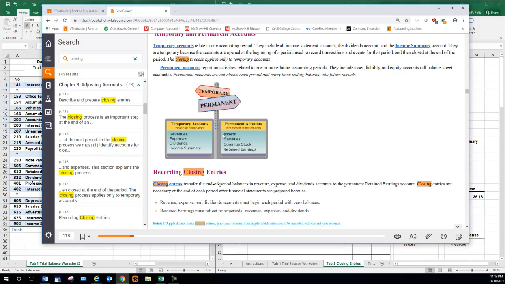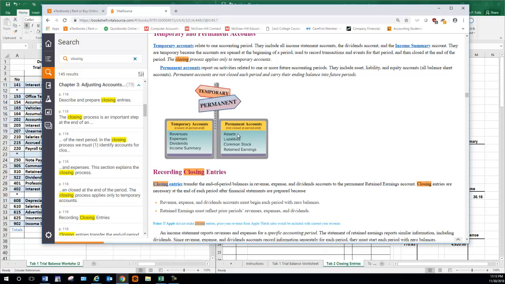So again, if it makes logical sense, if we were talking about the cash asset, if cash ends at $100,000 at the end of May, well then our beginning balance on June 1st is $100,000. If our revenues are $125,000 at the end of the period, we're going to close them to zero so that our beginning balance at the beginning of the next period is zero, and we start accumulating again.